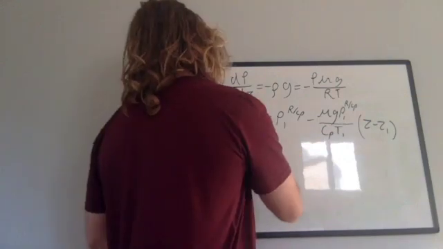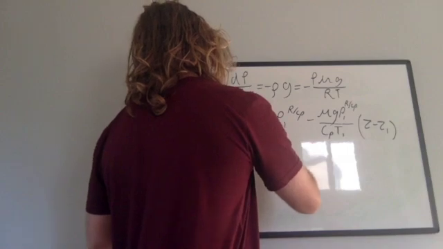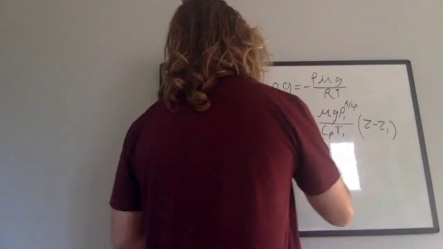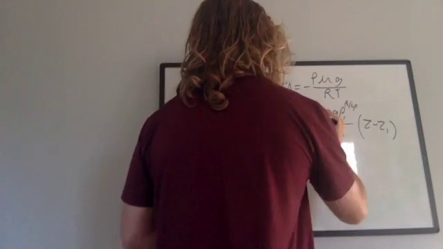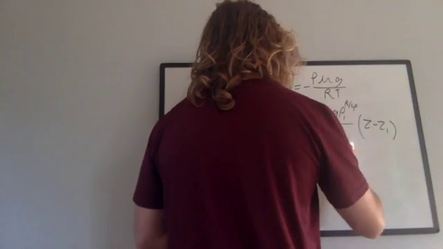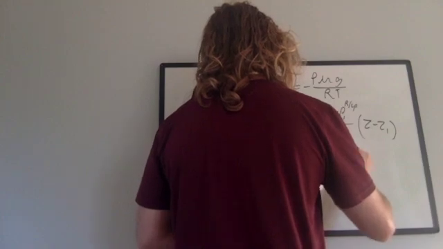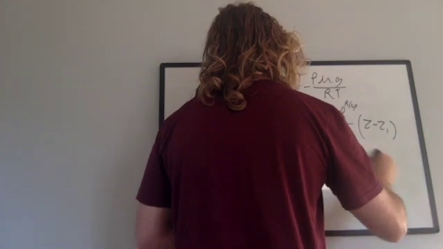So this is going to be P to the R over Cp, and that's going to be equal to P1 to the R over Cp, and then this right here is just going to become 1 minus mu G over Cp T1, multiplied by z minus z1.